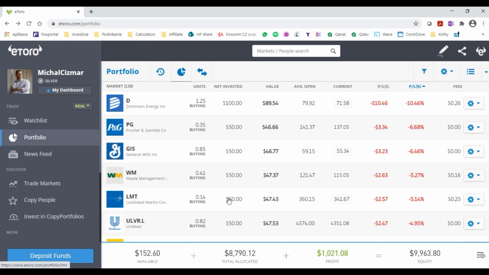One thing that I would like to mention is that you can see that my available amount is decreasing, but you can see that net invested is not increasing. How come? The reason for that is that, as I mentioned, I'm shooting this one in the morning.